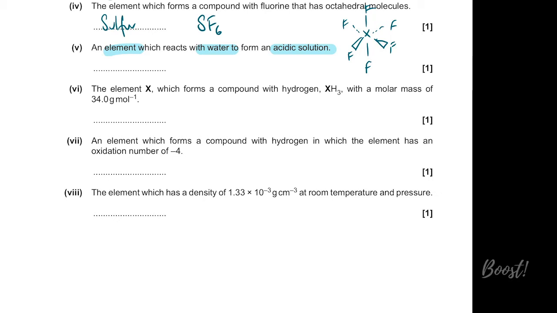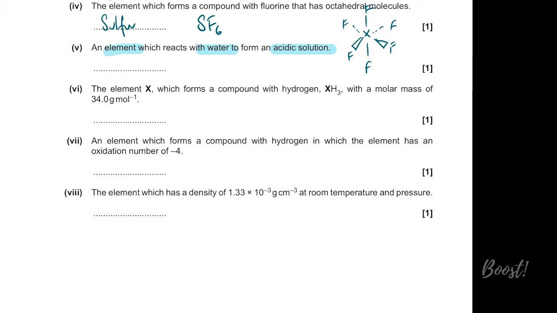If you can't remember off the top of your head that halogens do form acidic solutions, then you may be able to think of things like HCl, hydrogen fluoride, hydrogen bromide. HCl is hydrogen chloride, or hydrochloric acid.